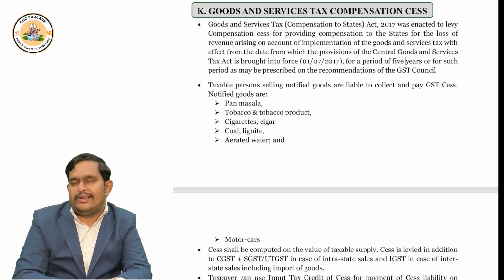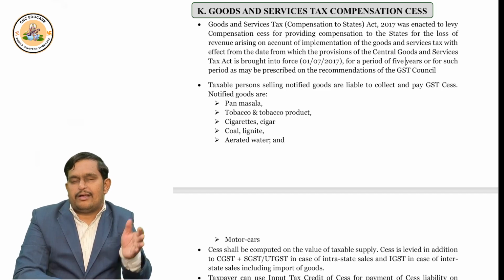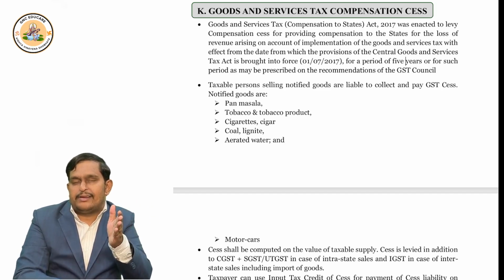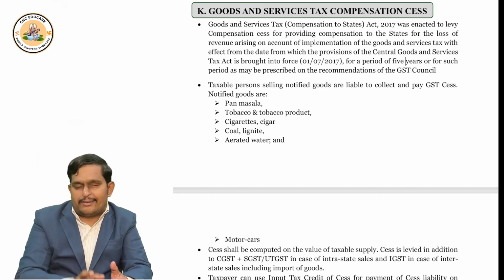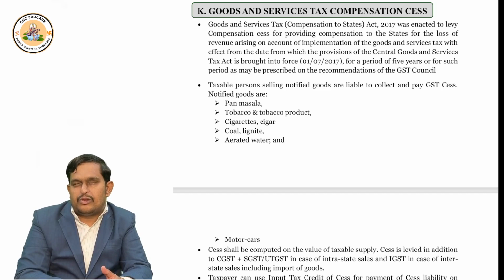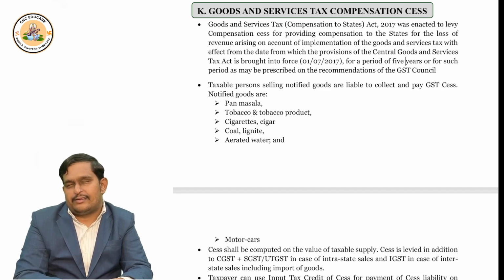So in simple language, whatever cess-related loss in the past can be adjusted against cess-related income next year. So GST compensation cess that you have already paid will lie as credit, and whenever you have to pay further, that can be adjusted.